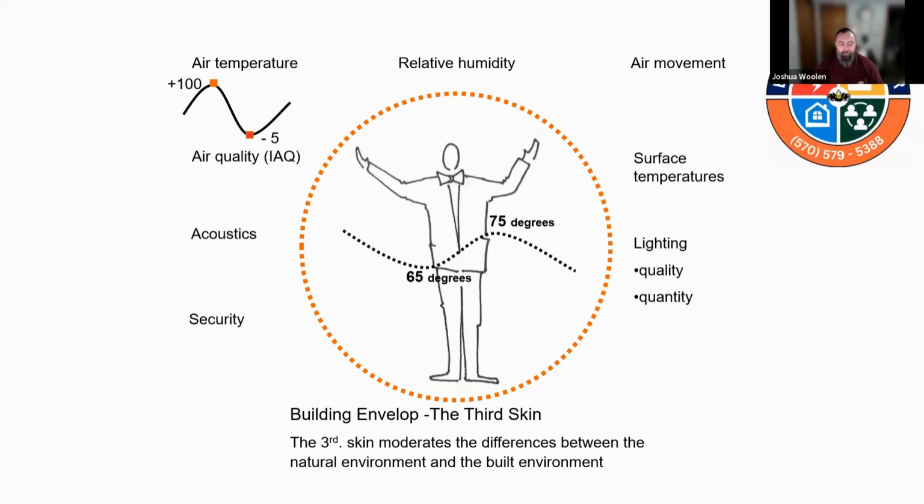That's why oftentimes you'll see a bed is high and it's at that level of being 65, but with people like my size, I hit 75 degrees just by rolling over, but that's not the point. So you can see this very narrow field that we have with the relative humidity, with air movement and surface temperature and air quality, the acoustics, even the lighting quantity is an issue. Even security can be an issue. But again, it's our very narrow little field zone of comfort, okay?